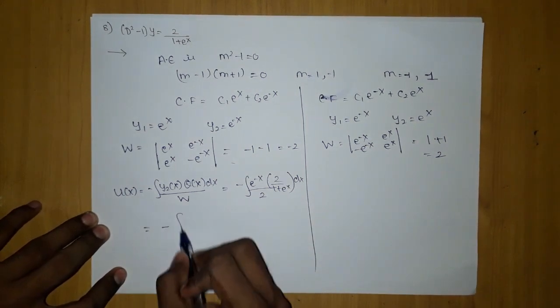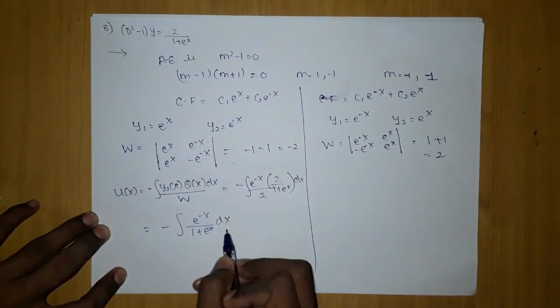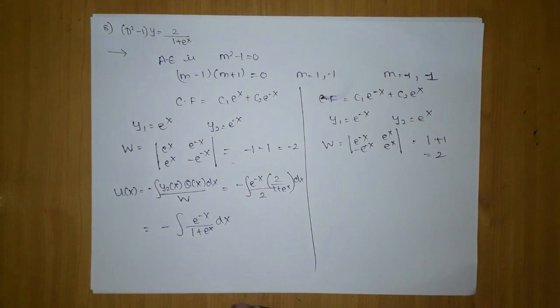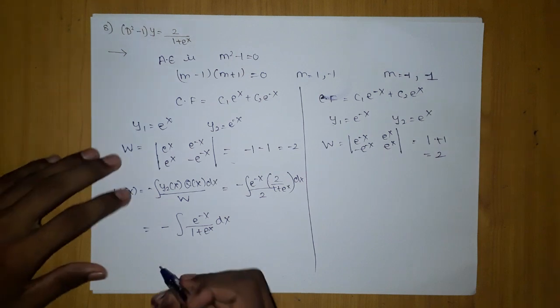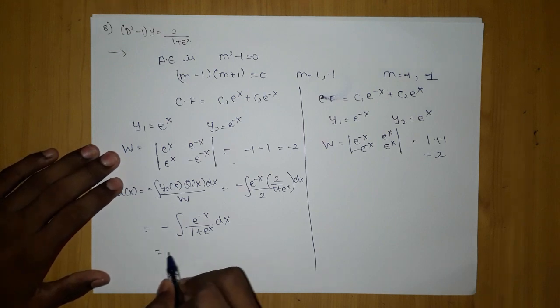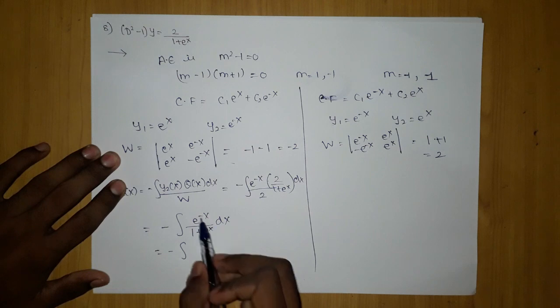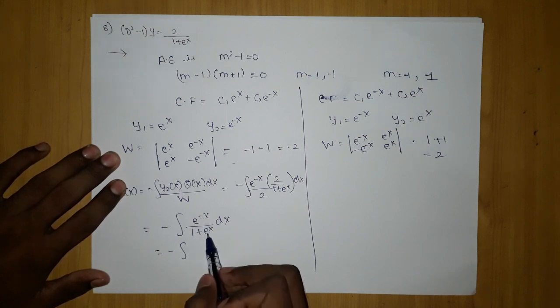And we are left with minus integral e to the power minus x upon 1 plus e to the power minus x into dx. And this is a special type of integral. If you have not seen this type of integral in your class 12, keep this in your mind. This type of integral is very important. You have to always keep in mind what you have to do whenever this situation arrives. You have to try to create a similar thing in the numerator and denominator.